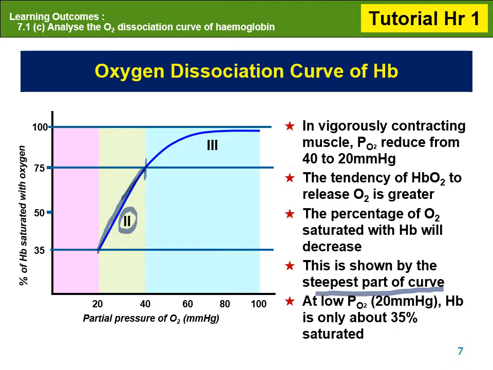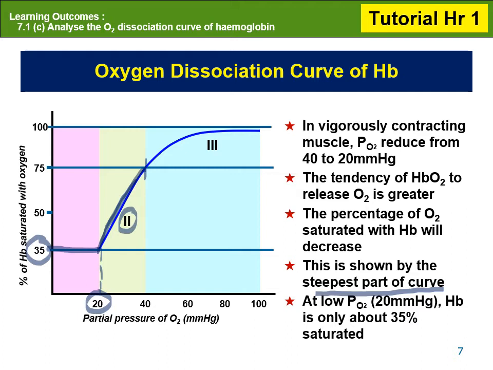At low partial pressure of oxygen, pada 20 mmHg, hemoglobin is only berapa? Kau lihat kat sini, tinggal 35% saja saturated with the oxygen.